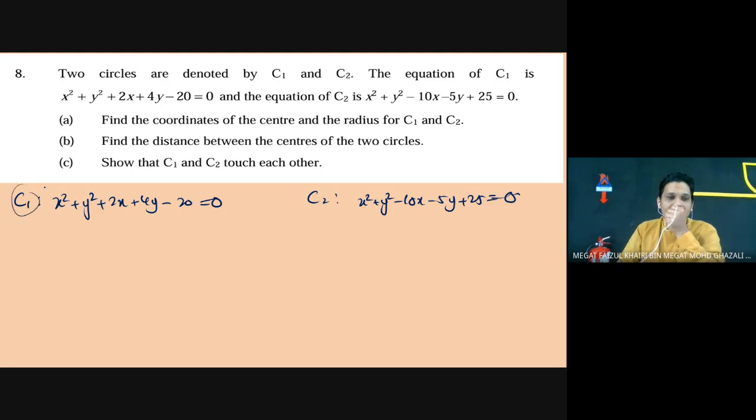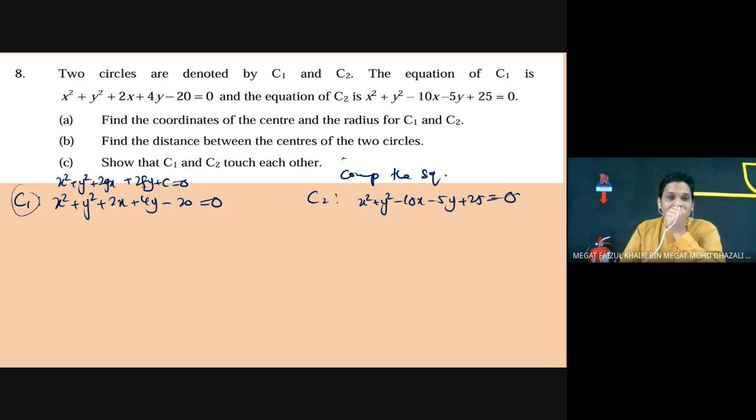Let's say for C1, I choose to compare with x squared plus y squared plus 2gx plus 2fy plus c equal to 0. And for C2, I'll use completing the square. So you may compare two different approaches, but actually we use different methods to find the same things, which is the coordinate of center and the radius of the circle.